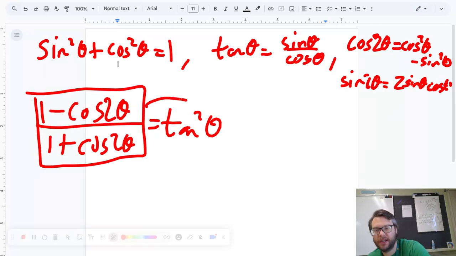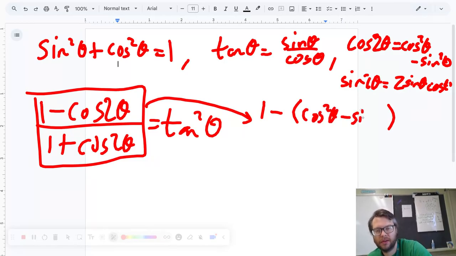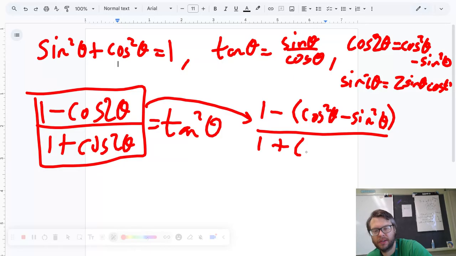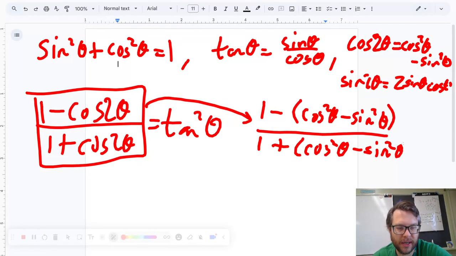So the left-hand side becomes 1 minus the double angle formula for cosine. Cosine squared theta minus sine squared theta. And the bottom becomes 1 plus the double angle formula. I guess the parentheses are not really necessary on the bottom, but I wrote them anyway.